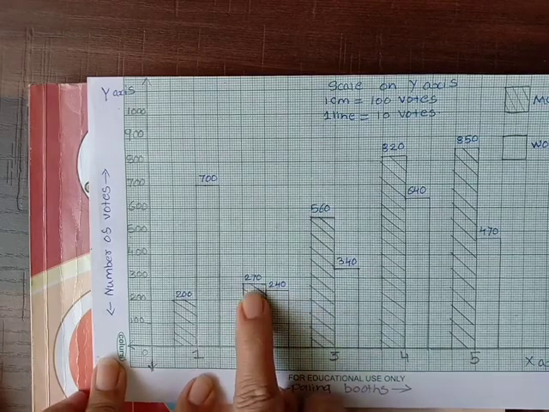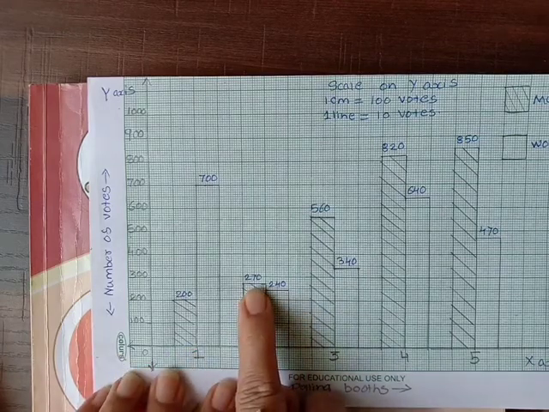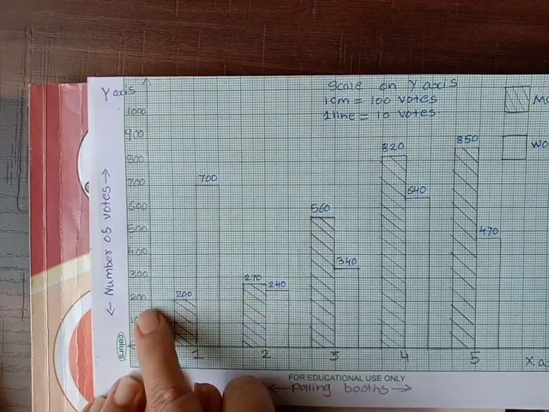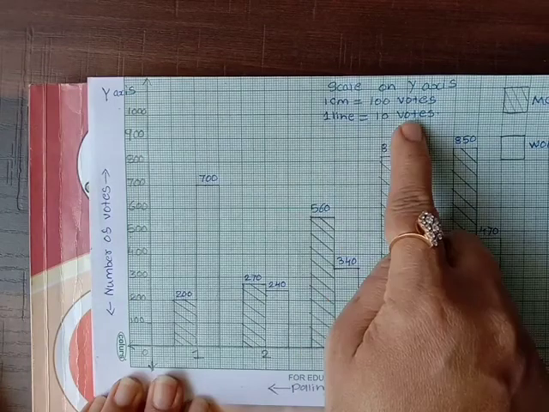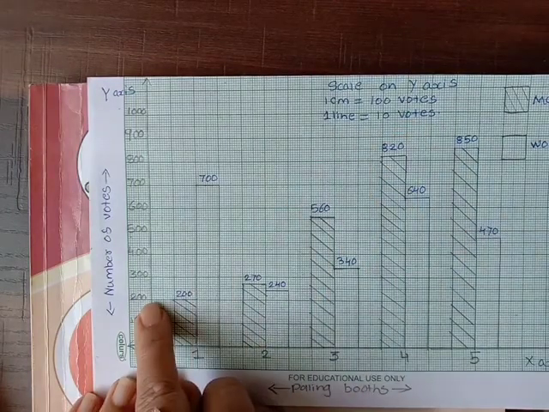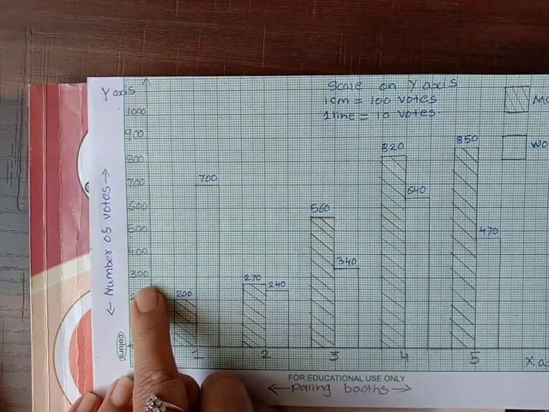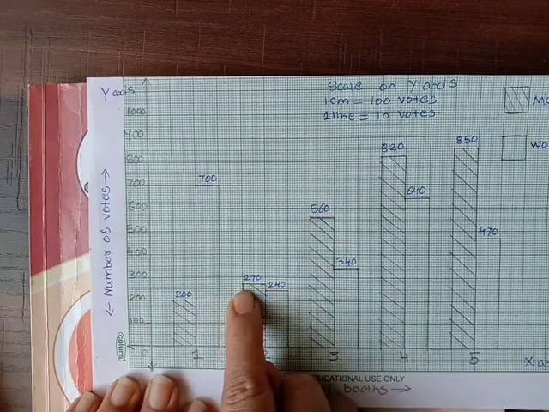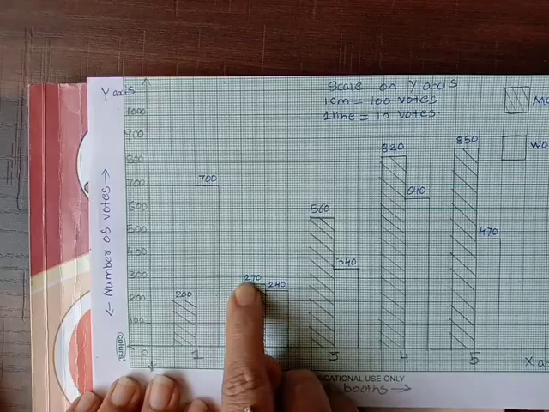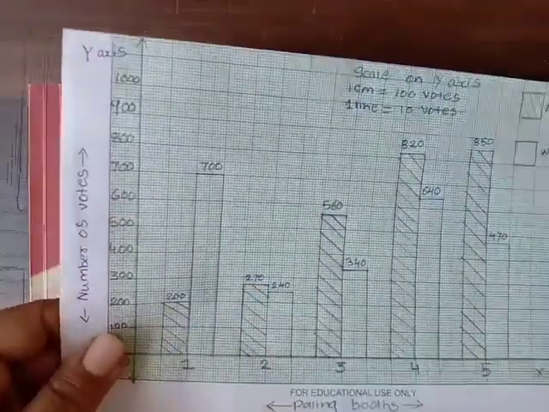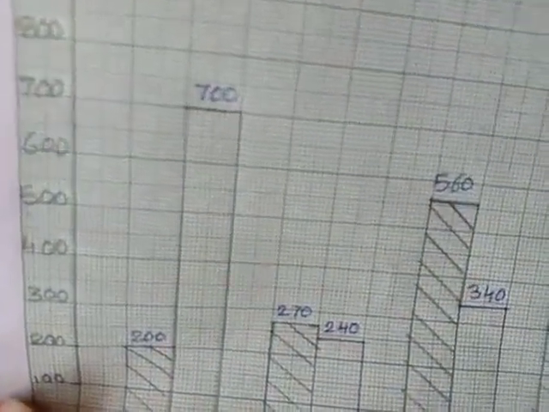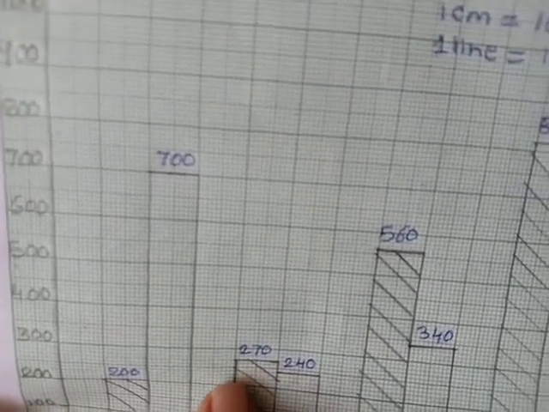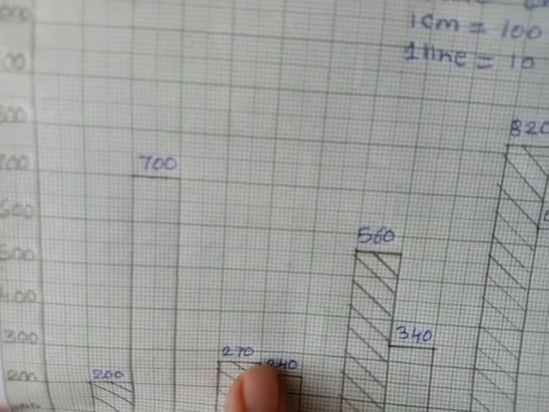Votes cast by men on the second polling booth are 270. One line corresponds to 10 votes, so after 200, there should be 7 lines. The little darker line you can see corresponds to 50, this is 250, and above that 2 more lines. So 2 lines above this darker line, 1 and 2, this becomes 270.